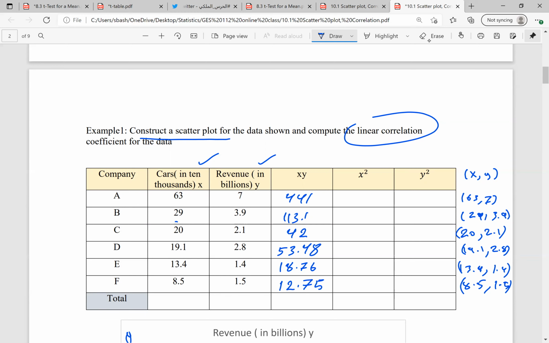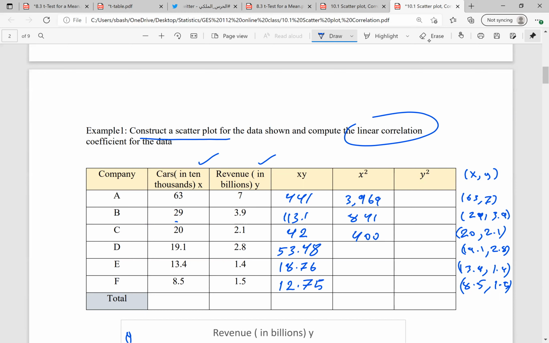Now for x squared, square the x values. 63 squared is equal to 3,969. Next one will be 29 squared, this is 841. Next one, 20 squared is 400.